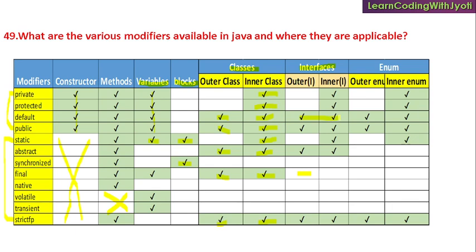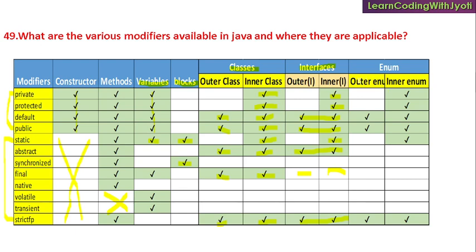So for outer and inner interface, default is applicable, then public, then abstract, and strictfp. Final is not applicable for outer interface, so final is also not applicable for inner interface. And along with these 4, 3 more are applicable for inner: private, protected, and static.